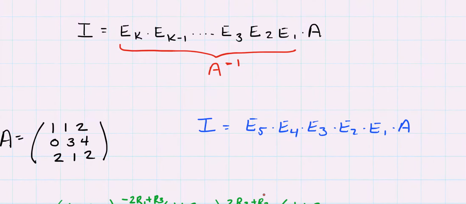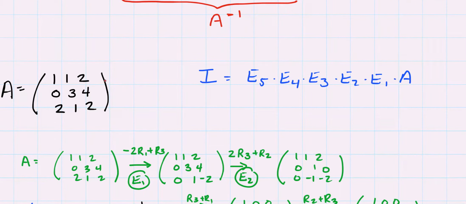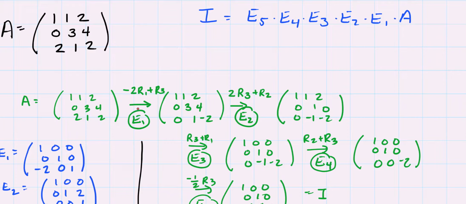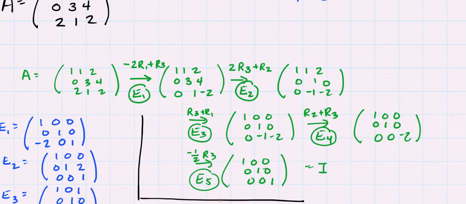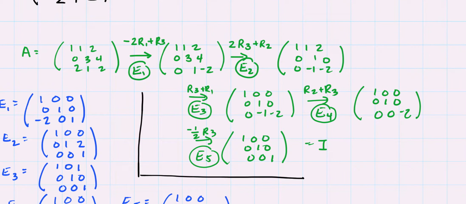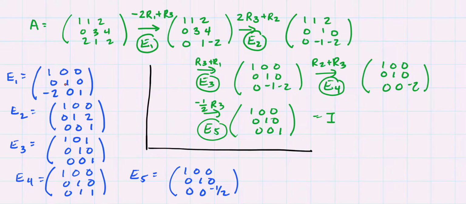So what we did was we took A and we tried to put it in reduced row echelon form. And the reduced row echelon form is going to be the identity matrix. So here are all the elementary row operations we did to put this matrix A into reduced row echelon form. And these elementary row operations correspond to these elementary matrices.